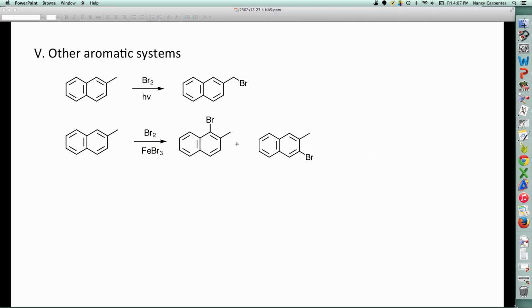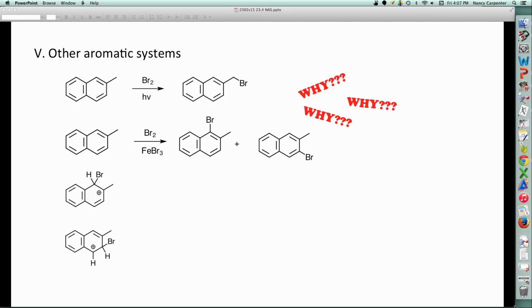What do we get? Well, we get a mixture, not such a great mixture, probably 50-50, of these two orthobrominated naphthalenes. Why? It's always the same. It's the stability of the carbocation intermediate; the most stable carbocation intermediate is formed, as usual. And obviously there's not a para position open. Para is right there, and there's no hydrogen there.